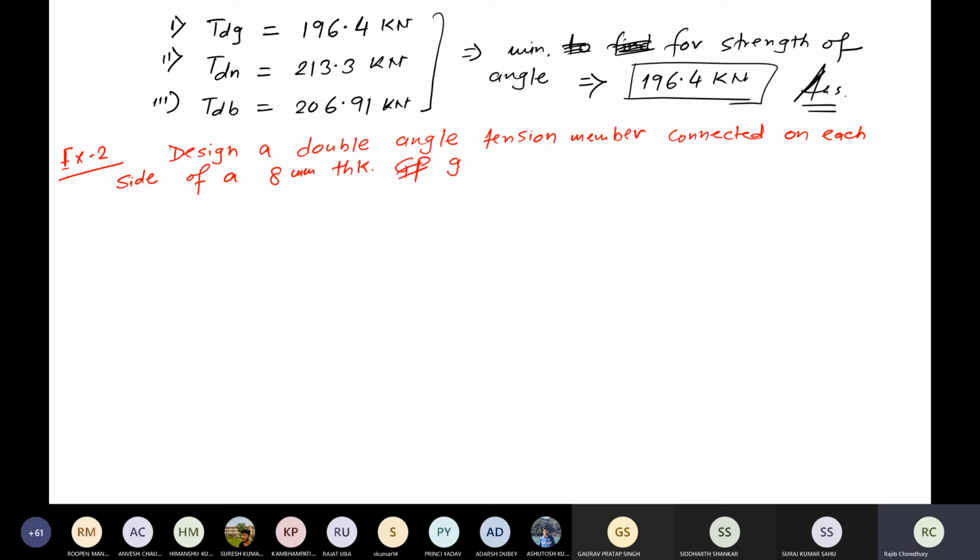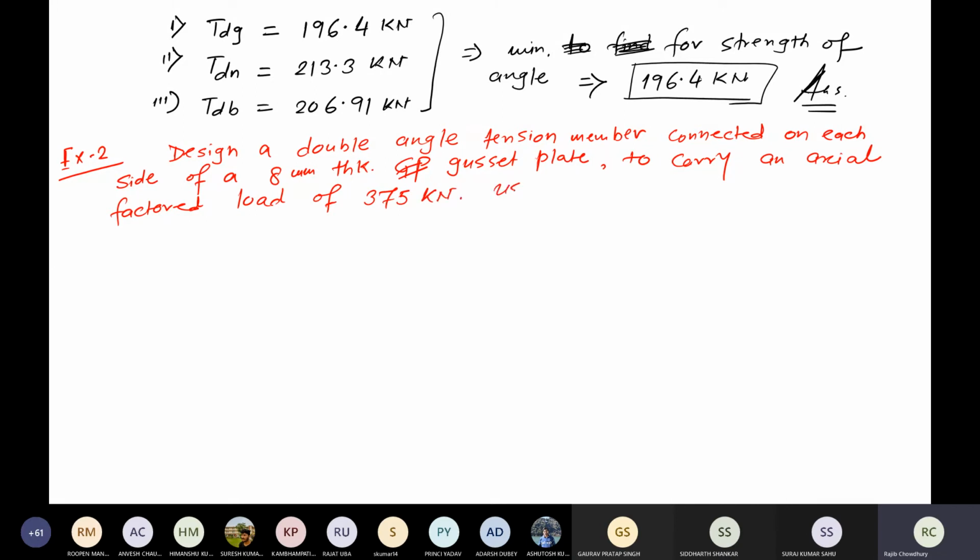Let me just write it. Gusset plate to carry an axial factored load of 375 kilonewton.